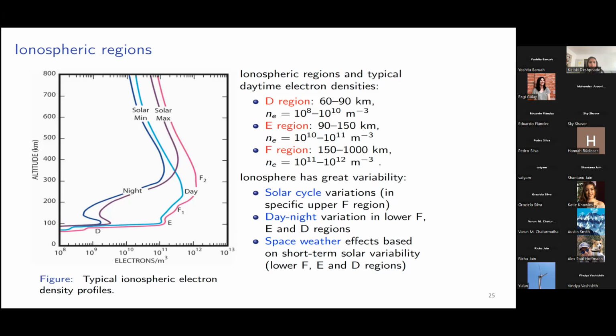And space weather effects: if you have a solar flare, we can measure it. If you have a geomagnetic storm that interacts, we have huge heating effects, and the ionosphere really changes. So these are the things that we look at and study.